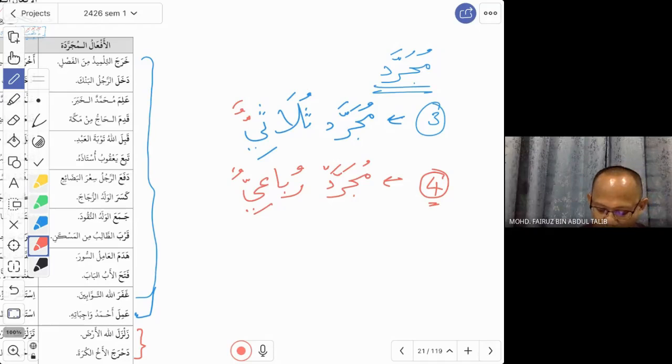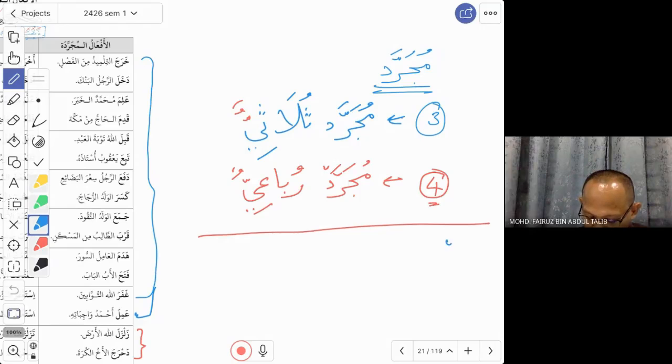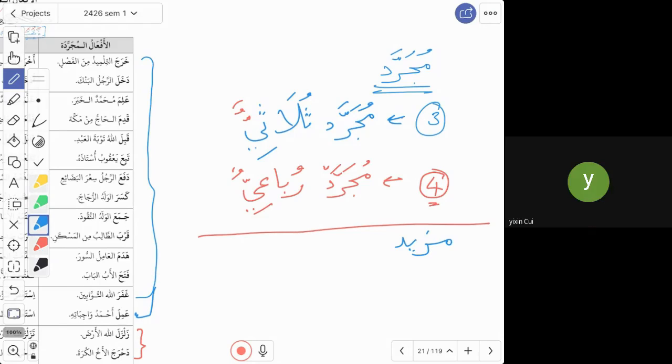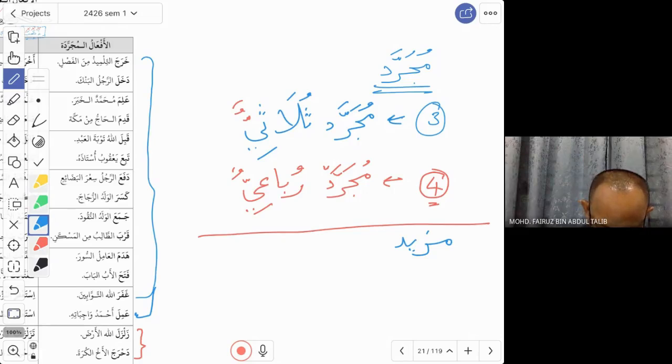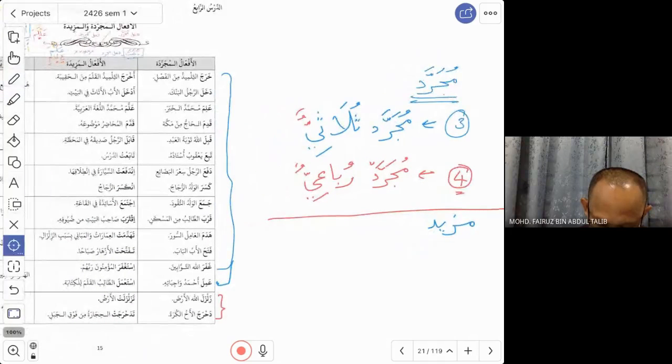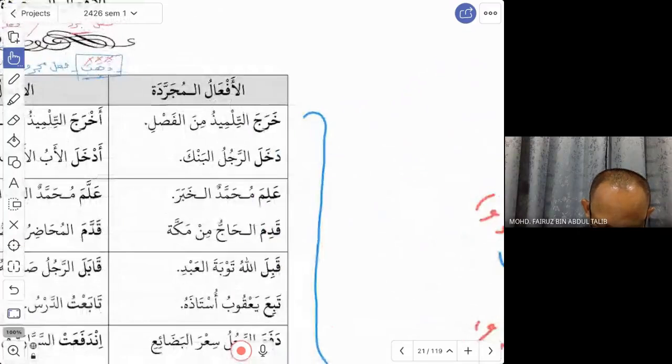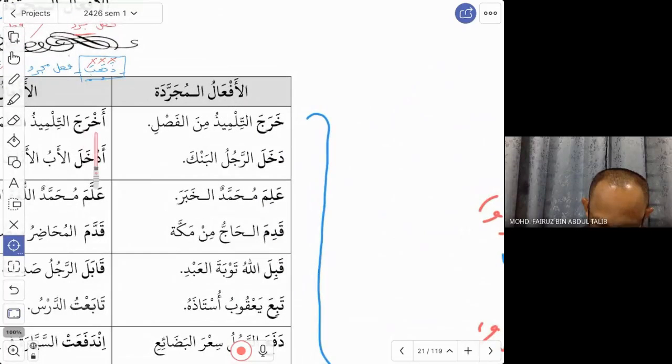So okay, this is for the mujarrad. Next, for the mazid. For the mazid, it depends on the root word as well. So for example, these are all the mazid. But how many letters are the original huruf? Akhraja, for example. The original or the root word is kharaja.